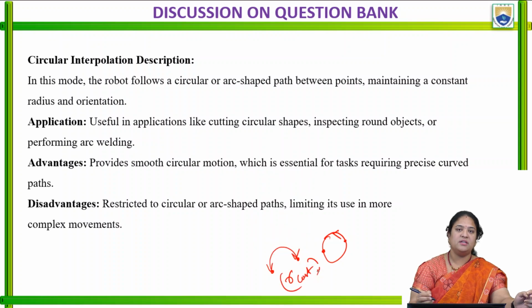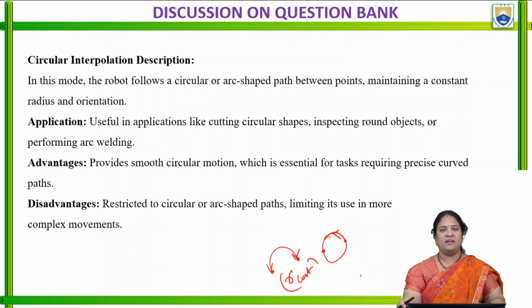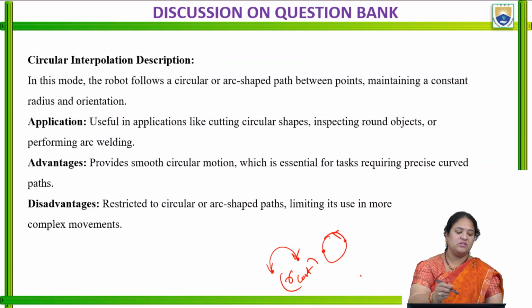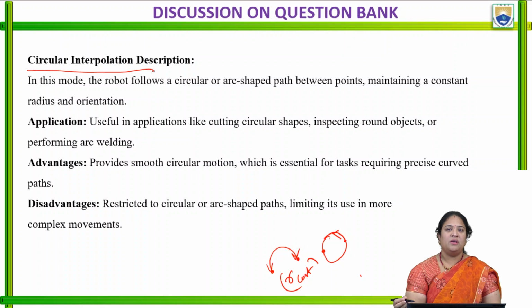The robot moving in a circular direction or in an arc-shaped path between one point and the other, maintaining a constant radius and orientation, is known as the circular interpolation path control system.